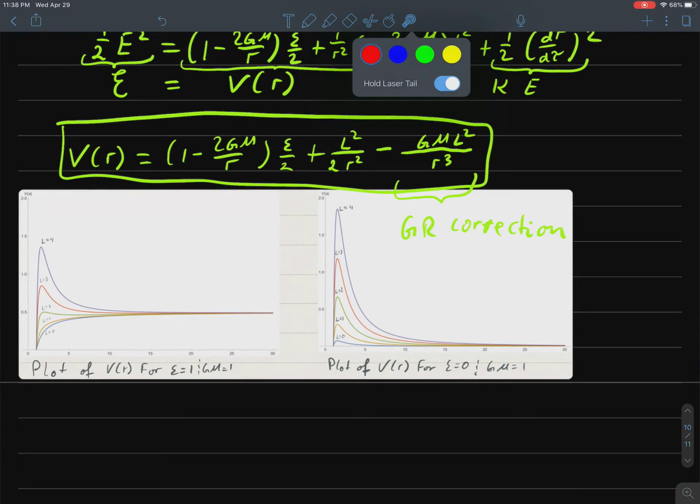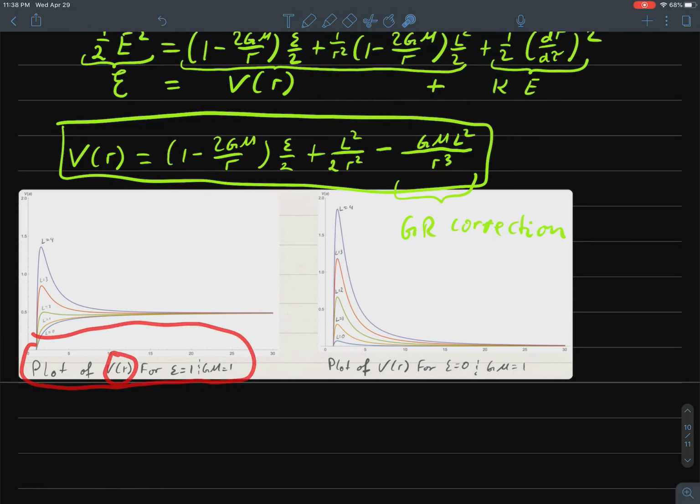So here are orbits, and on the left you see I've plotted V of r with epsilon equals 1, so we're massive. I set GM equal to 1, and then I gave it angular momentum values. I quantized them. So here's 0 angular momentum. You see, for 0 angular momentum, I just fall into the black hole. There are no stable points, minima or maxima.